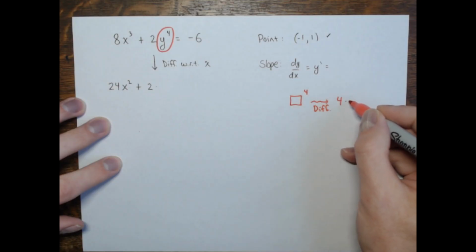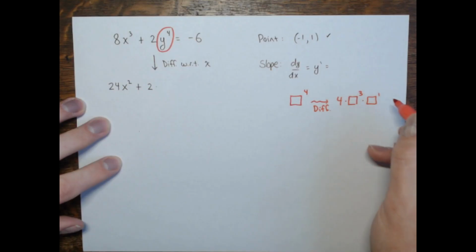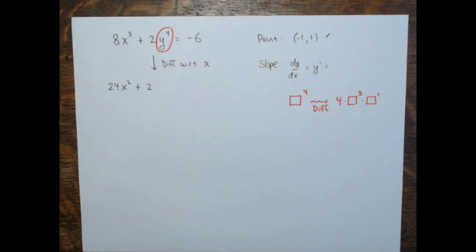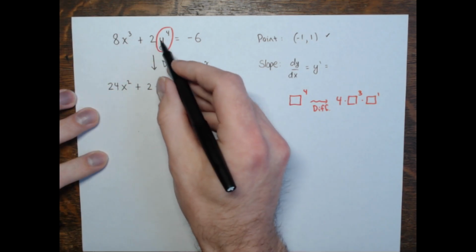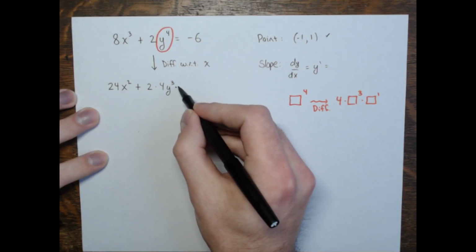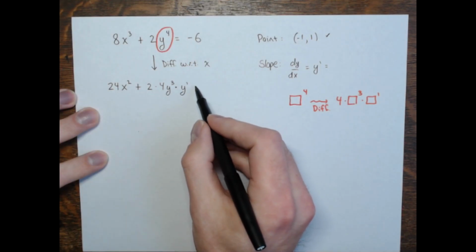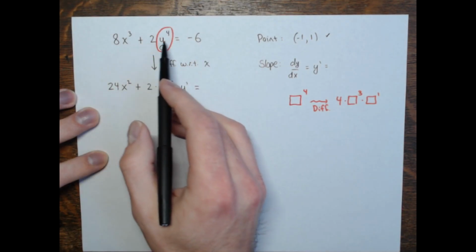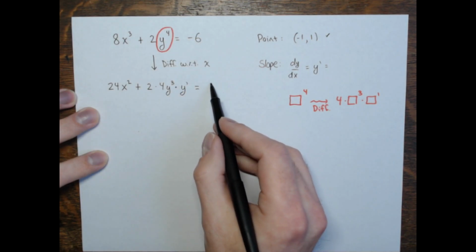It would be 4 times that thing to the third power and then times the derivative of the thing inside. But the thing inside is just called y here. So this would be 2 times 4y to the third, but then chain rule times y prime. All right, so that's the left side, and then equals, and the right side is a constant again, the derivative is 0.